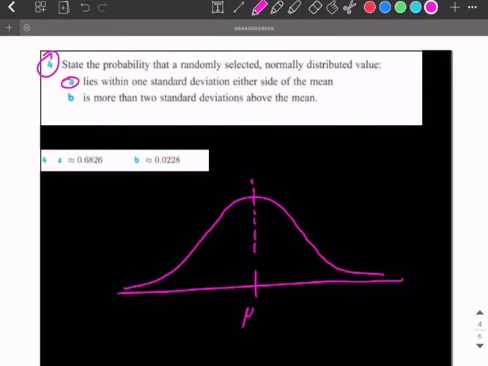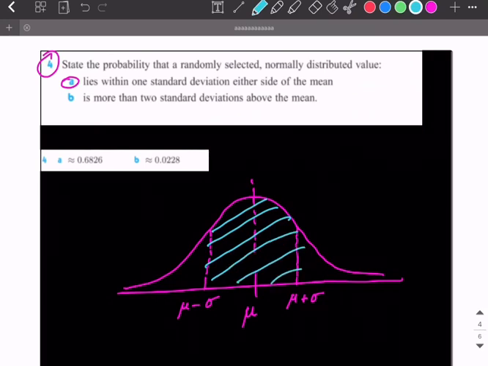You get the mean, the mean plus one standard deviation, and the mean minus one standard deviation. And we know that within one standard deviation is 68%. That's what the IB wants to know, 68%. I know that here it says 68.26, but the idea here is this.